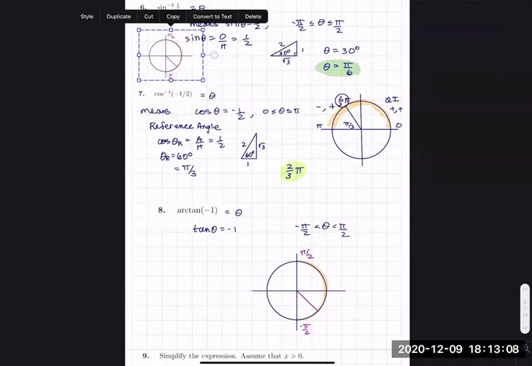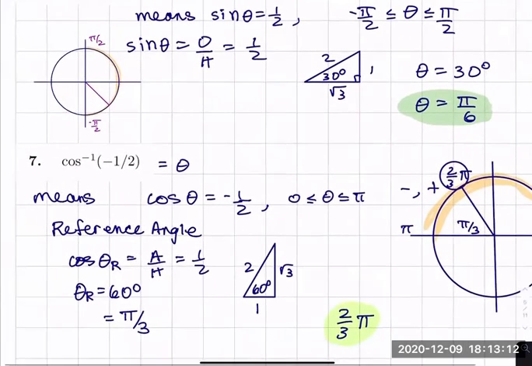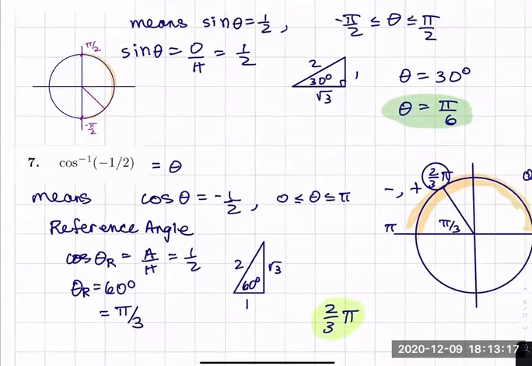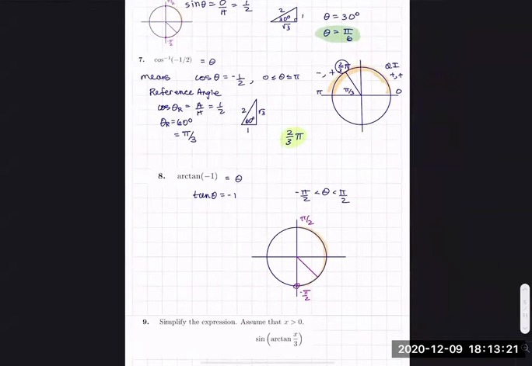Now sine is also between negative pi over 2 and pi over 2, but it includes the endpoints. Tangent inverse doesn't include the endpoints, negative pi over 2 and pi over 2, because tangent is undefined there.